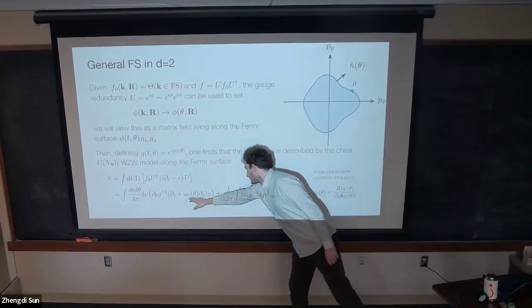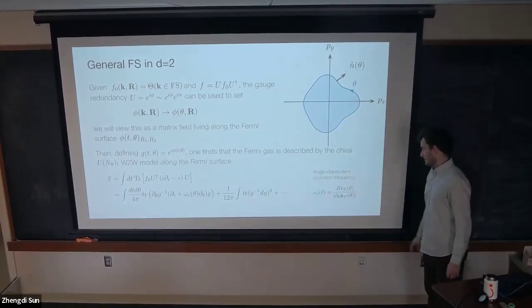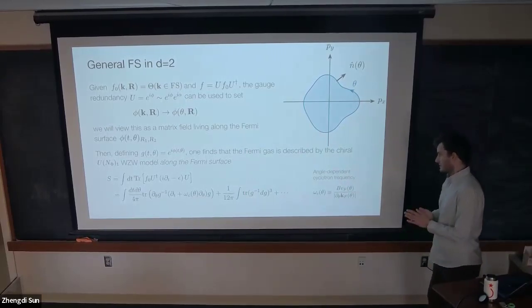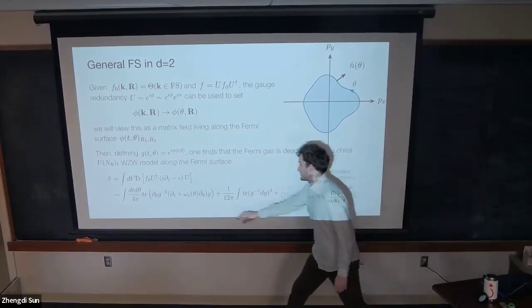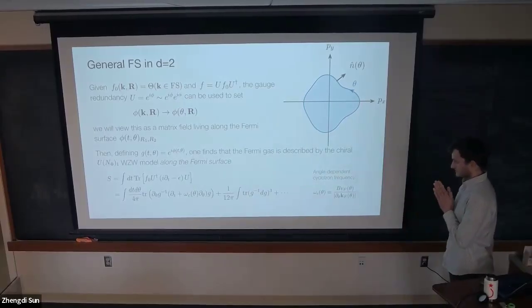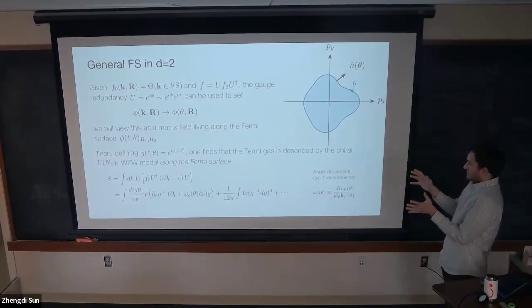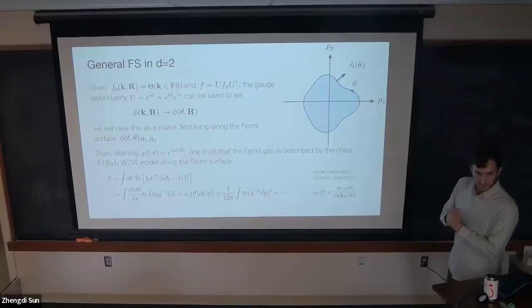It has a velocity that's the cyclotron frequency, so related to the B field and so on. And this is the form it has. There are going to be some irrelevant corrections depending on the details of your dispersion and so on, but to leading order it's just a WZW. So I claim that this is essentially an exact bosonic description of a Fermi gas in 2+1D.